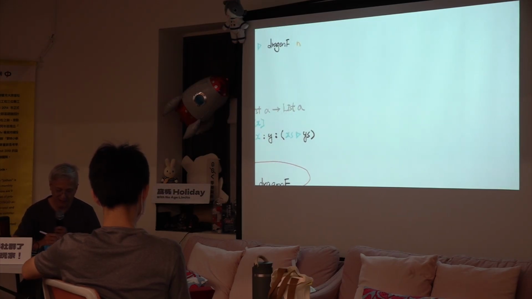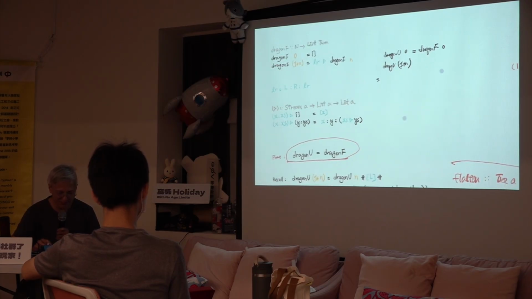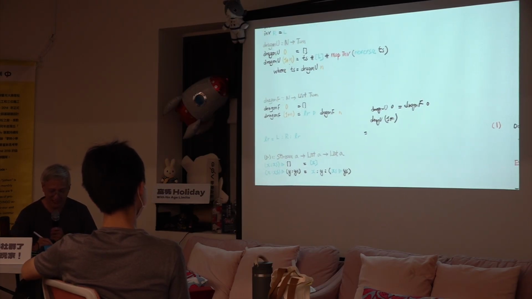Okay, so I start with the base case: dragon U of 0 equals dragon F of 0 is immediate. Both are empty lists. Okay, now dragon U of 1 plus n is, by definition, okay.